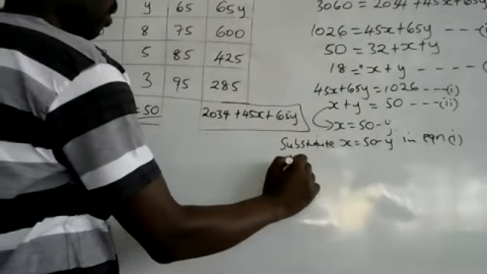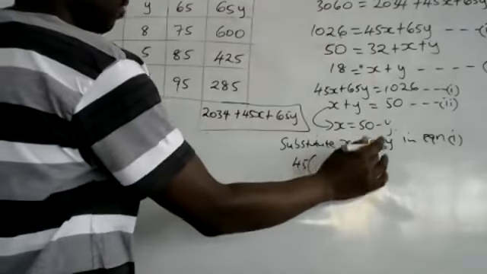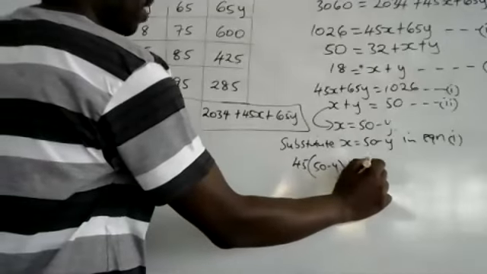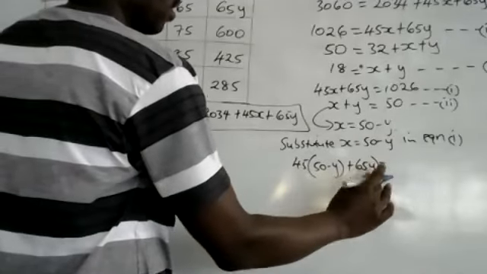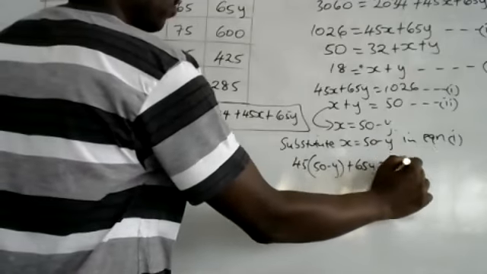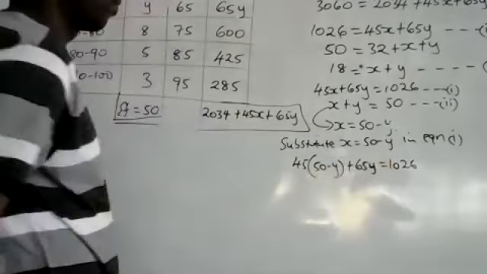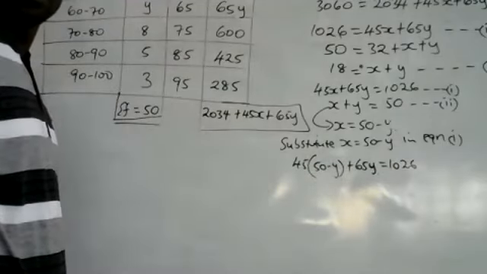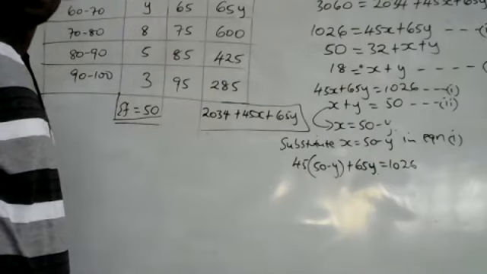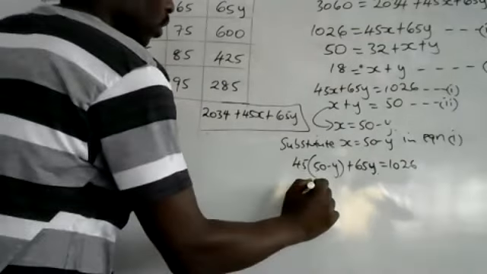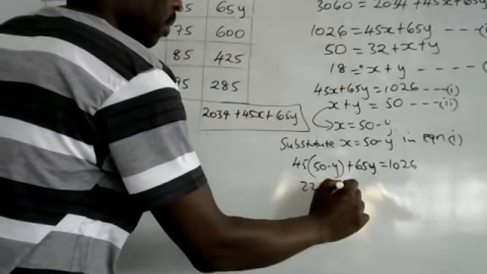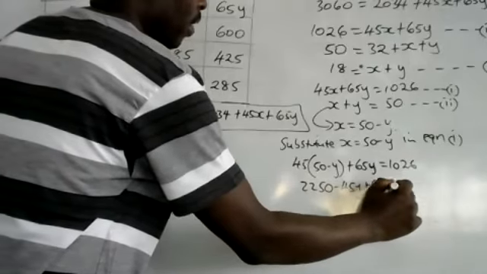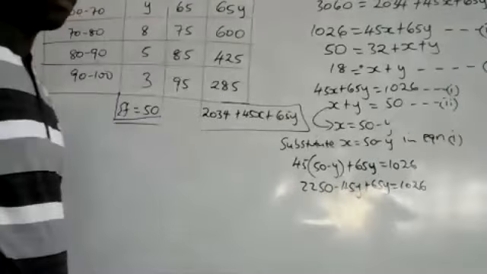So we shall have 45 times x, but x is equal to 50 minus y, plus 65y is equal to 1026. 45 times 50 is 2250, minus 45y plus 65y is equal to 1026.